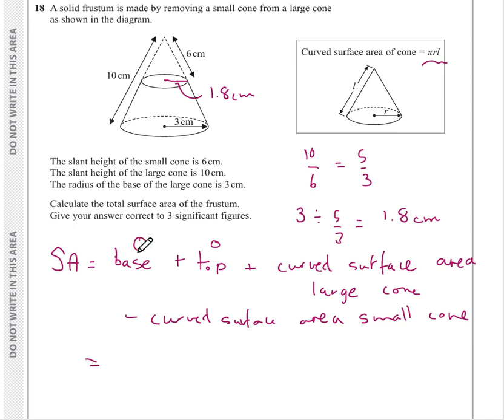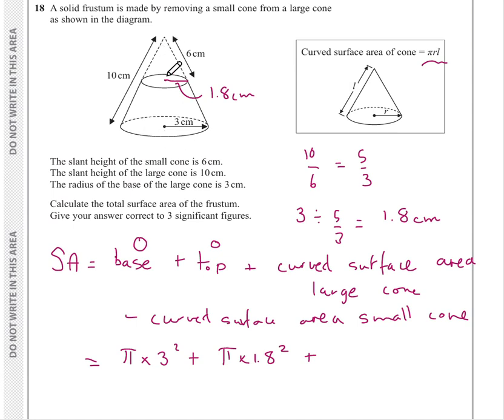Okay, so let's think about what they are one by one. The base is the circle with radius 3, so that's going to be pi times 3 squared. The top circle has radius 1.8, so that's going to be pi times 1.8 squared.